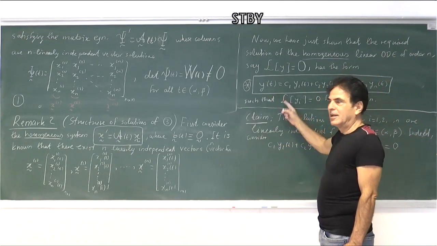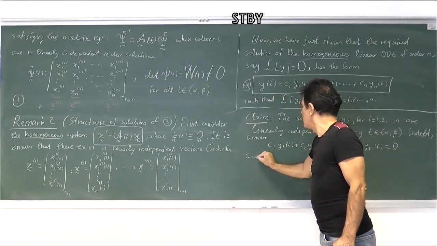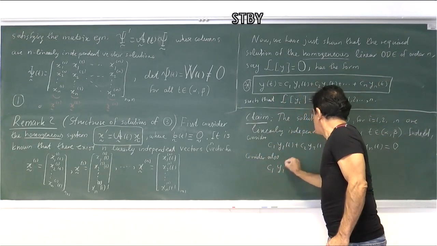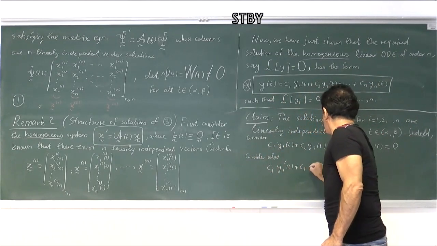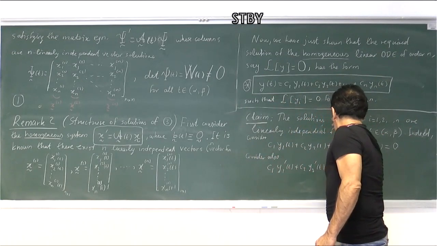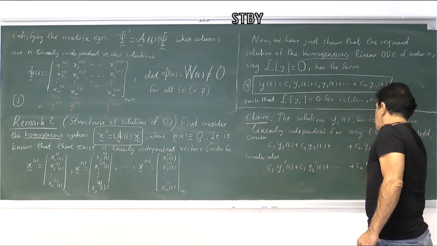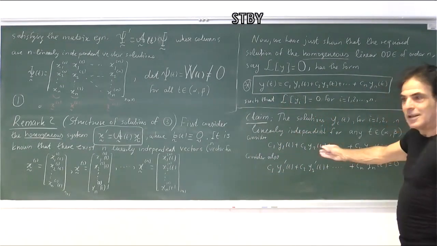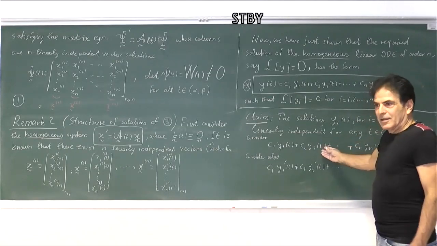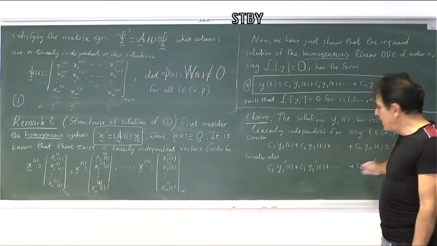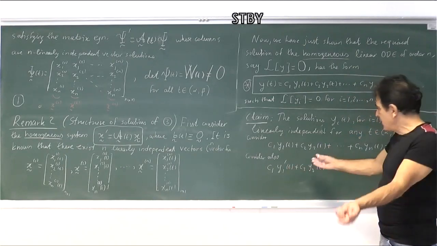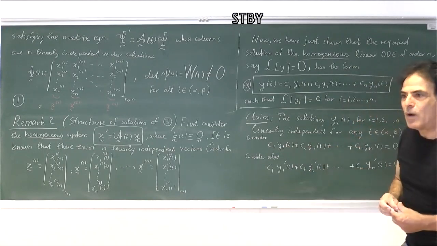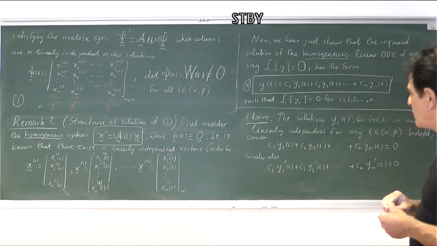Now, if this is the case, look, because our functions are at least n times differentiable, consider also this equation. Yes, you can take the derivative. Taking the derivative of both sides, we get that. And it is justified because we know that y1, y2, yn are all differentiable functions.